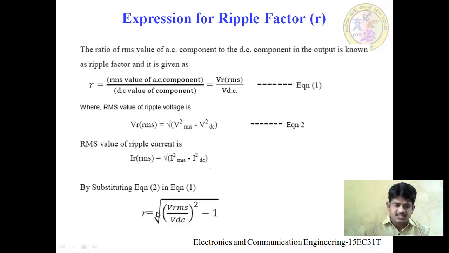If you simplify this, you will get the equation gamma equals square root of ((V_RMS divided by V_DC) whole squared minus 1). So this is the equation for ripple factor. You must understand how we got this and remember this equation to solve many problems based on the ripple factor. Just go through it, it is very easy to understand. We just have to remember this equation, which is the expression for the ripple factor.